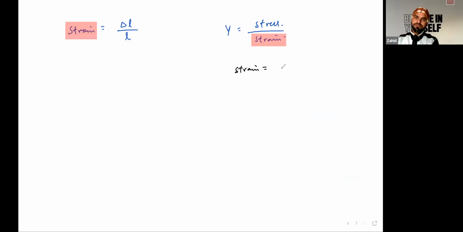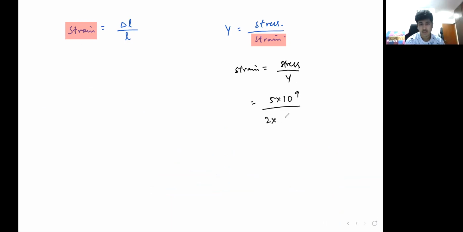Strain equals stress divided by Young's modulus. We have calculated stress as 5 into 10 to the power 9, and you have Young's modulus as 2 into 10 to the power plus 11. If you divide these two terms, 5 divided by 2 will be 2.5.